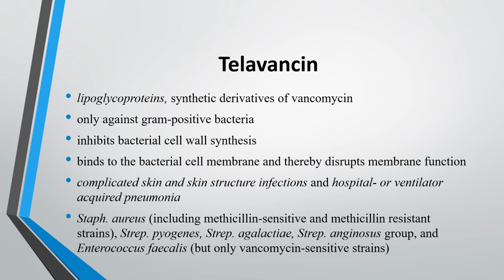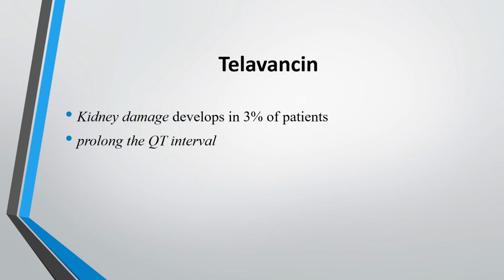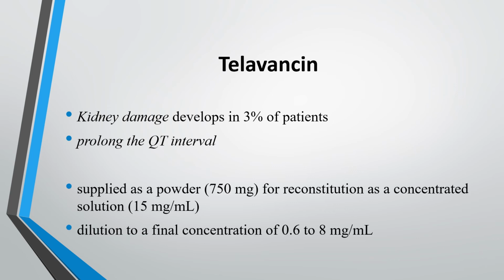Staph aureus, Strep pyogenes, Strep agalactiae, Strep anginosus group, and Enterococcus faecalis are part of the antimicrobial spectrum of telavancin. Telavancin causes kidney damage in 3% of patients, as indicated by increased serum creatinine, and it can also prolong the QT interval.